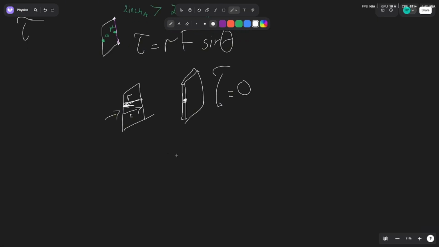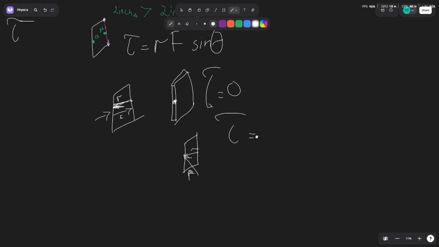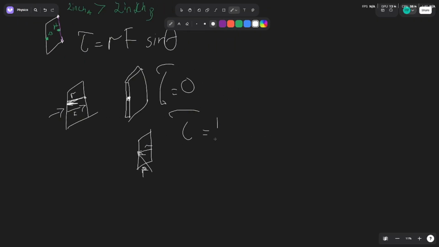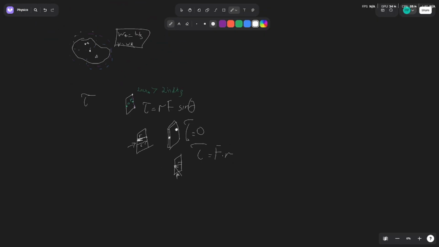While if you apply it at an angle of 90 degrees, right here, this is the radius, this is your force, therefore the torque will be just F times radius, because sin is already 1. We don't need to multiply it by sin again, it's unnecessary. So this is all you need about torque.